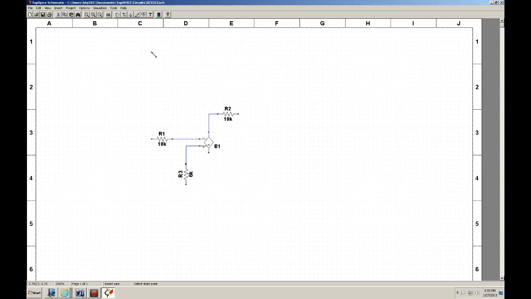Okay, looks good. And the output, let me see how this is going to work. Okay, that's going to be the output. Let me rotate this out.